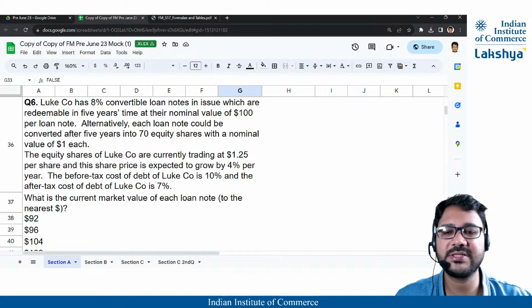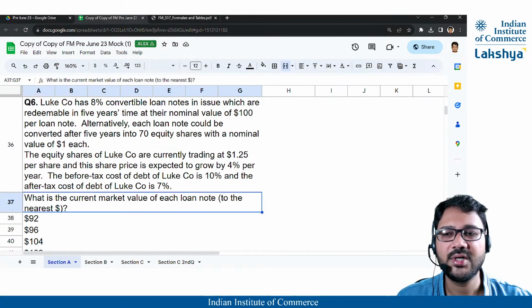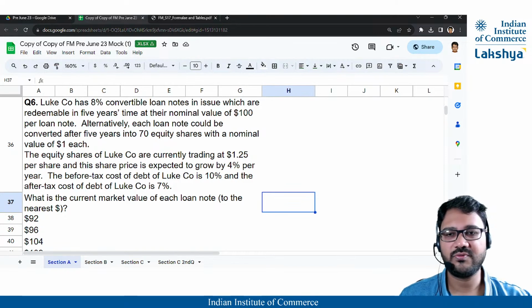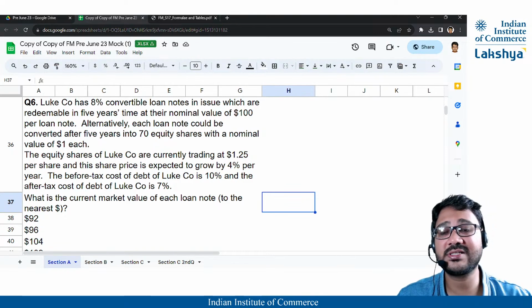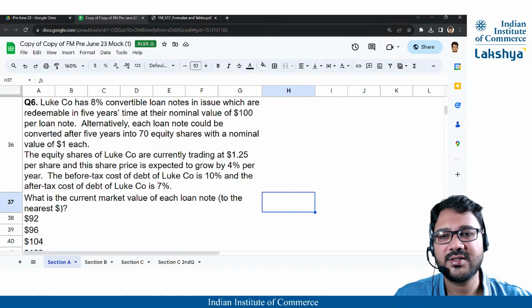Now, in order to find the market value of any instrument, we need to basically find the present value of all the future cash flows. This is common knowledge, right? Now this is a convertible loan note. That means we need to figure out whether shareholders will take cash on redemption, or will they go for conversion?